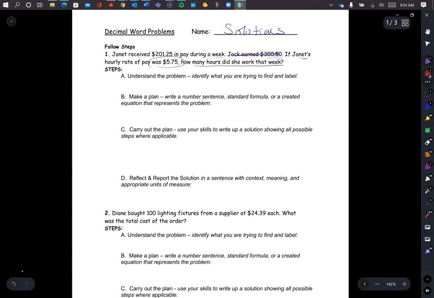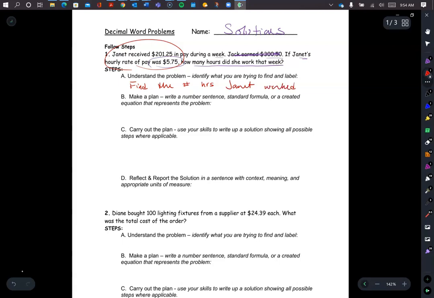We need to use the information about Janet. The first thing we're going to write is find the number, and you can use that little pound symbol to abbreviate, hours Janet worked.